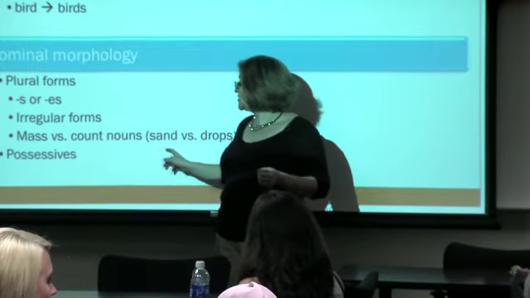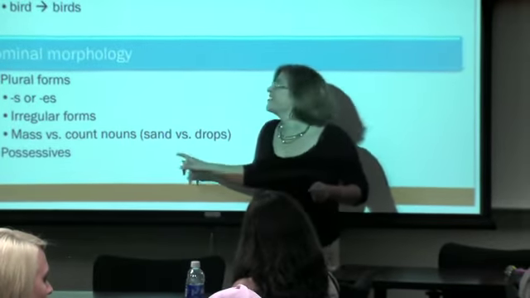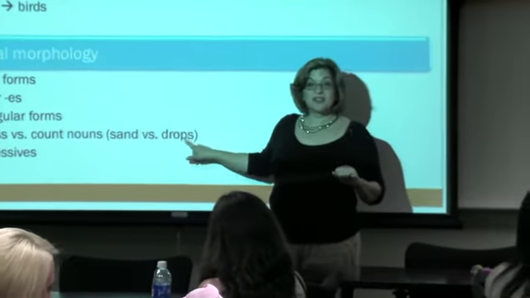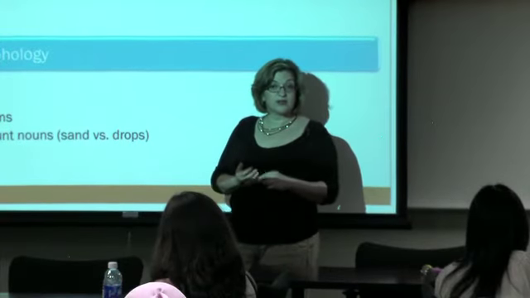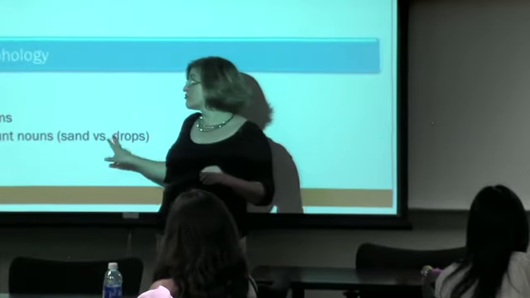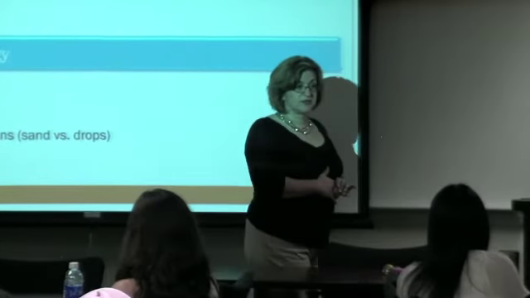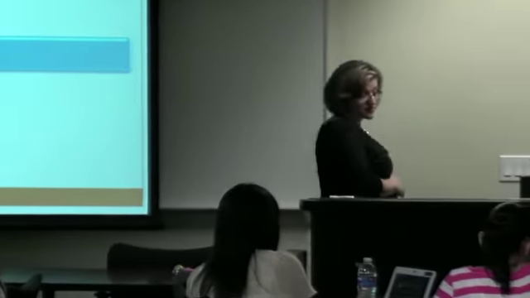So with the mass or non-count nouns versus the count nouns, that's a distinction that is important because it reflects the way that we describe them and make comparisons, the way that we think of them.